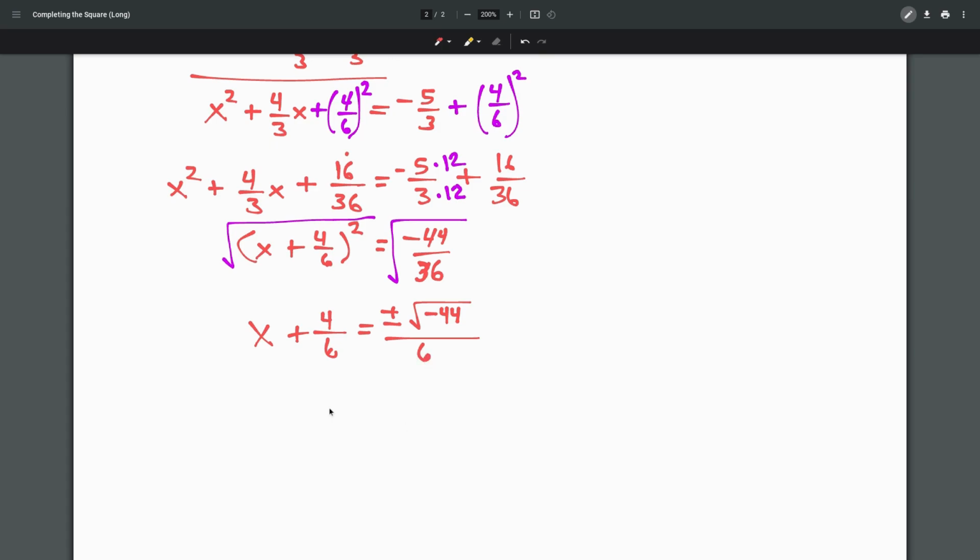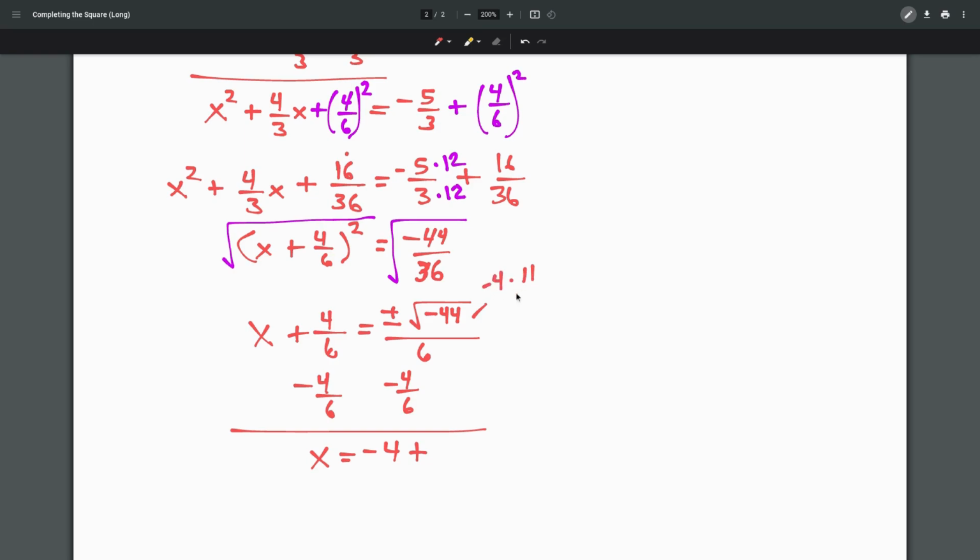Okay, so now what I need to do is subtract 4/6 from both sides. And I'm going to simplify under the radical there. So my solutions will be negative 4 plus, you can pull out a 4. This is like negative 4 times 11.